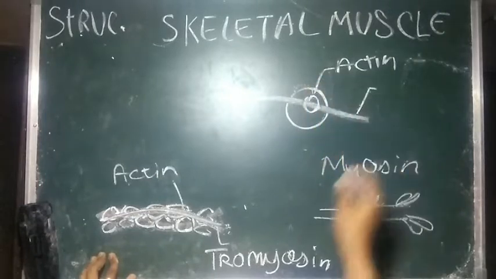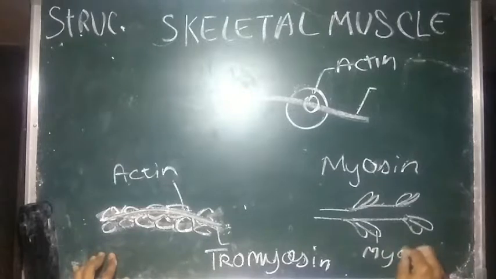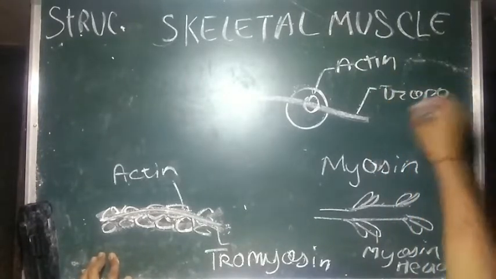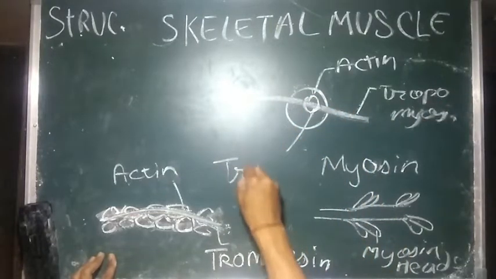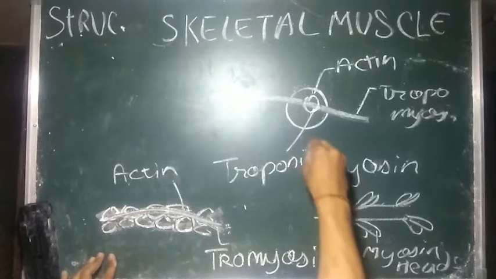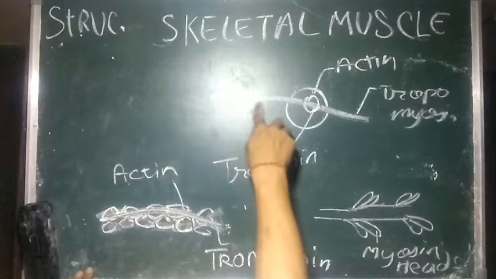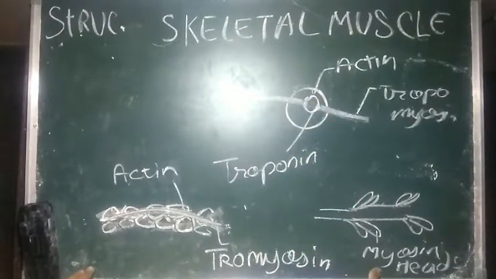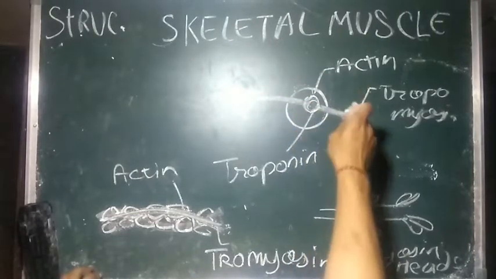It will block the attachment site for the myosin heads. These are the myosin heads. This is tropomyosin. And this is the troponin. So this tropomyosin will block the site for the attachment of the myosin head, and the troponin lays on the actin protein.